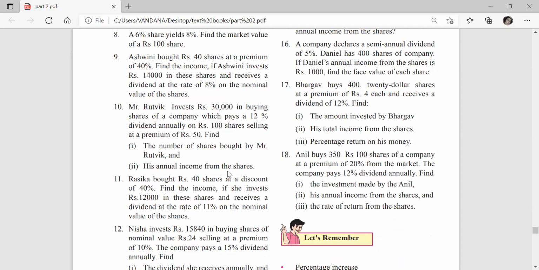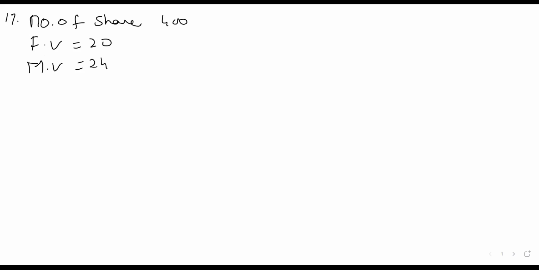So number of shares is 400, face value 20, market value 24, dividend rate 12%.